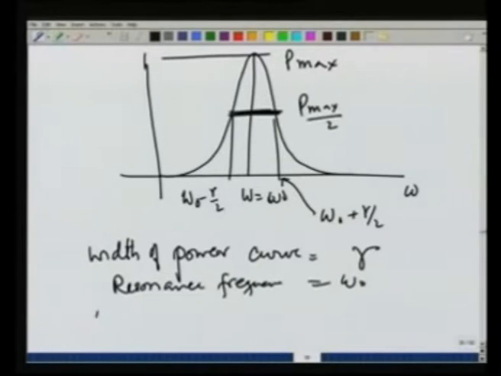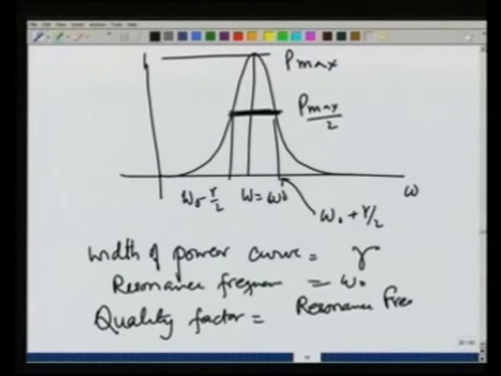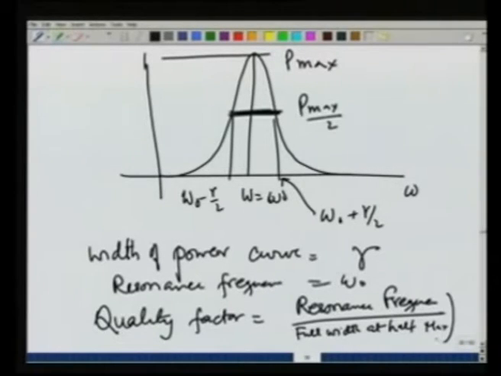You see right away that the quality factor is also related to the resonance frequency and the full width at half maximum. This is another way of looking at quality factor Q that we had introduced in the previous lecture.